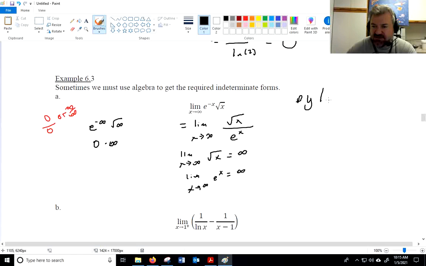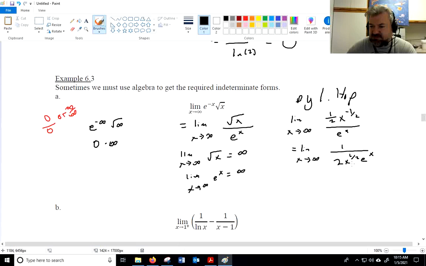So by L'Hopital's, I can evaluate this derivative here to get the same answer. That ends up being 1/2 x to the negative 1/2 over e to the x. With some simplification, we end up with 1 over 2x to the 1/2 times e to the x. Plugging in infinity gives me 2 times infinity times infinity, so that is 1 over infinity. That is 0. All right, let's take a look at another example.